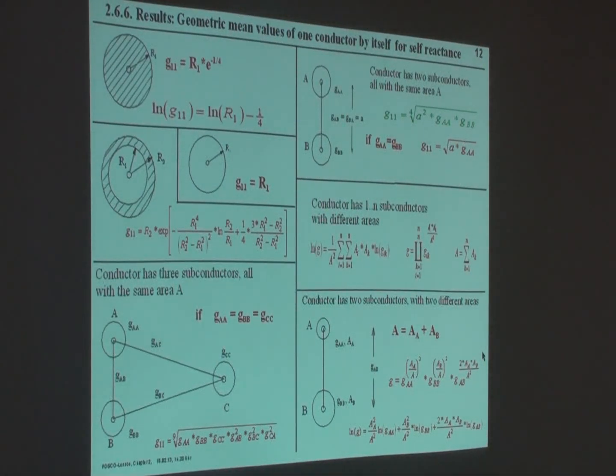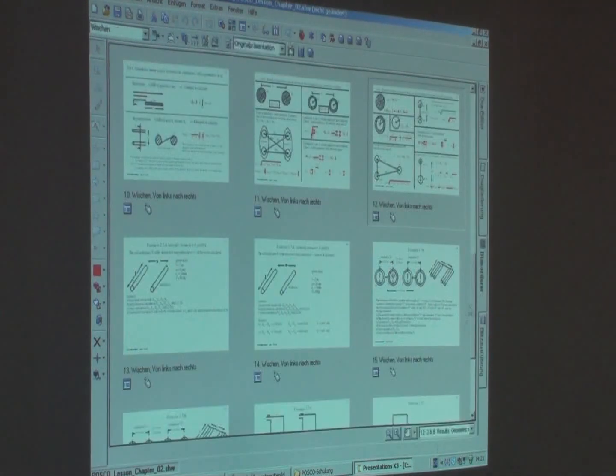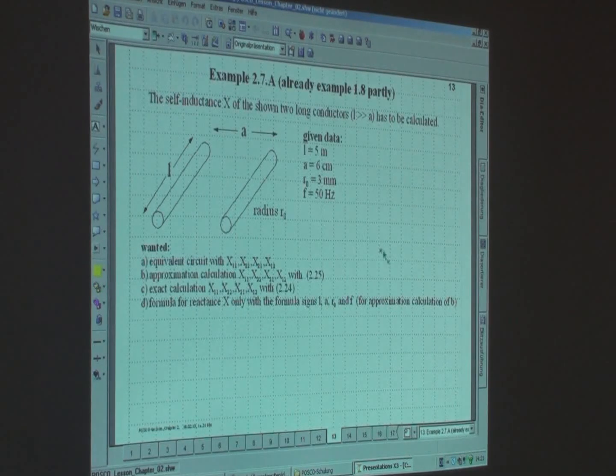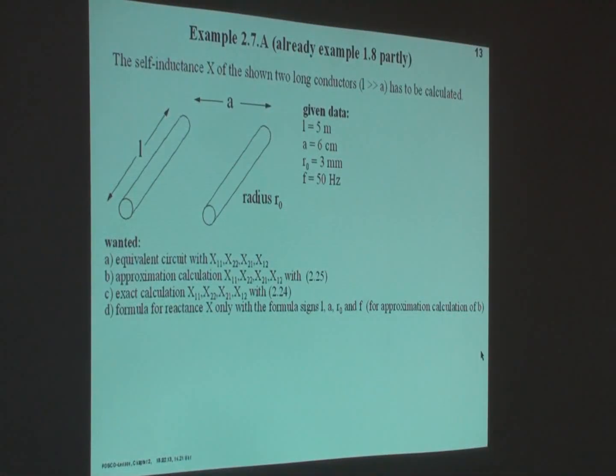So, which case do we have now of these many formulas? Yes. We have outside radius. It's called here R. So we have to look at the problem now. It's the problem we have to solve.